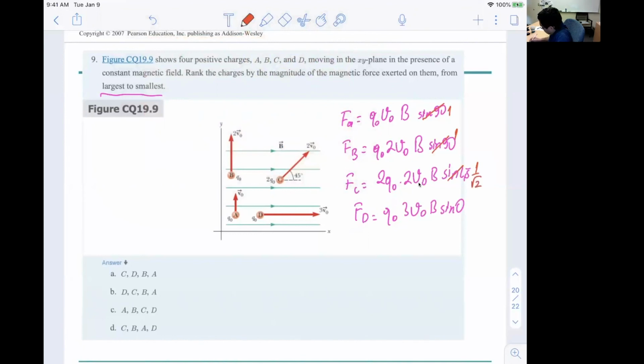So FA is QVB, 1 unit. FB is 2 units of QVB. FC is going to be 2 divided by square root of 2, square root of 2 QVB. FD is 0. So the largest is C, then B, then A, and D.